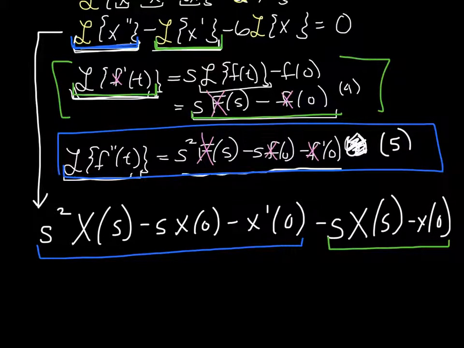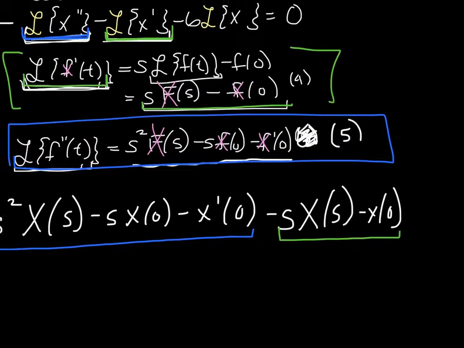And then finally, just to see where we're at, we've got our blue, we've got our green, and then it's minus 6 times the Laplace transform of x. Now, the Laplace transform of x, remember, it's the Laplace transform of some unknown function, in this case x of t. So we can denote that by capital X, or chi of s.